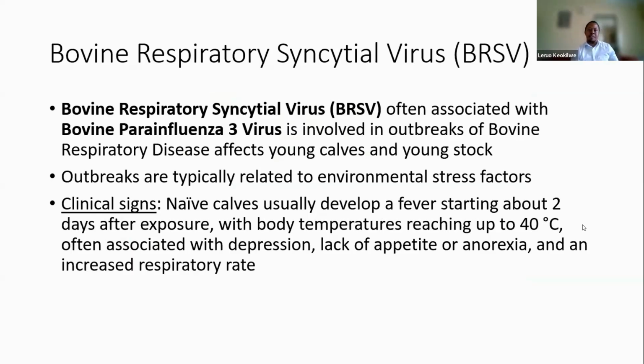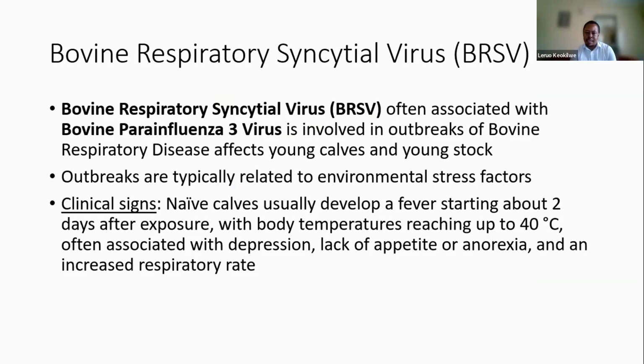The other differential diagnosis to consider is bovine respiratory syncytial virus, which is often associated with bovine parainfluenza virus 3, often affecting young calves or young stock. And it's usually associated with stress.